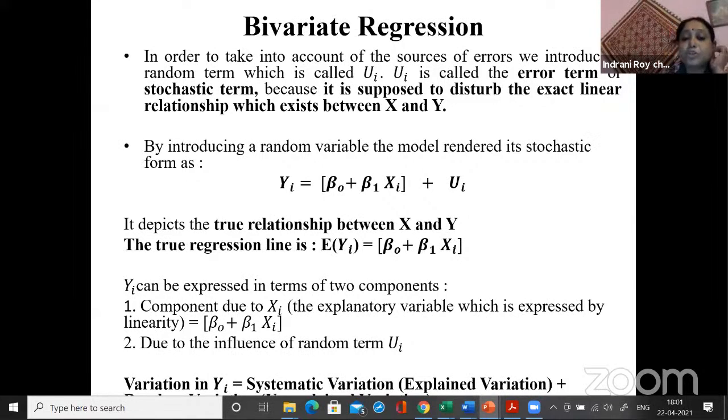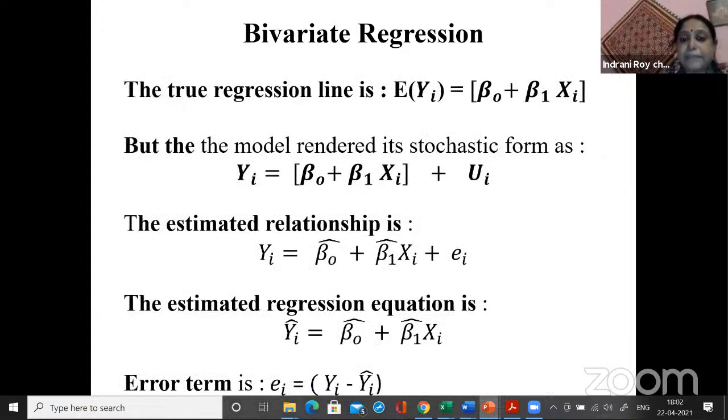So now you have to consider that you cannot see the population totally, because population is beyond the reach of the researcher. It's too big for the researcher. So what you do is try to estimate the relationship of the population through the observations of your sample. In the sample, you again have 2 sets of relationship. These 2 are the relationship in the sample.